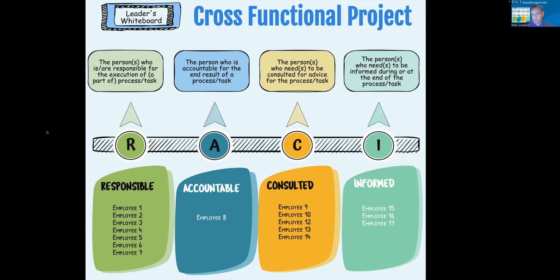Because cross-functional projects have so many dynamics, so many things that can go wrong, or so many choices of how you can do it, putting it under a frame like RACI, or responsibility assignment matrix, gives you a good hold for execution as a leader, as an engineering manager, or as an accountable person for that process or task.